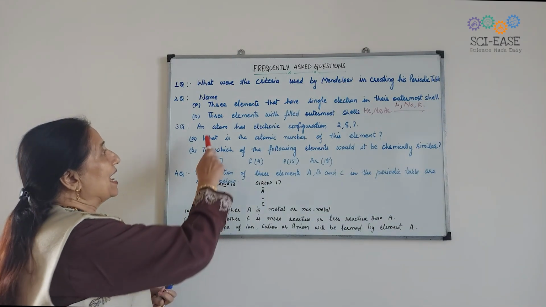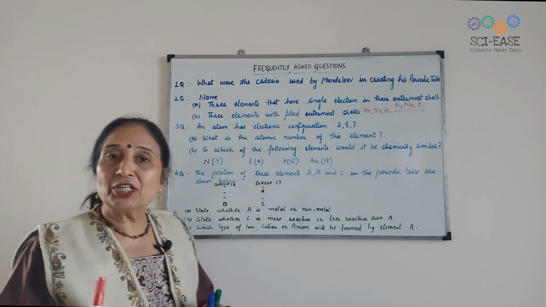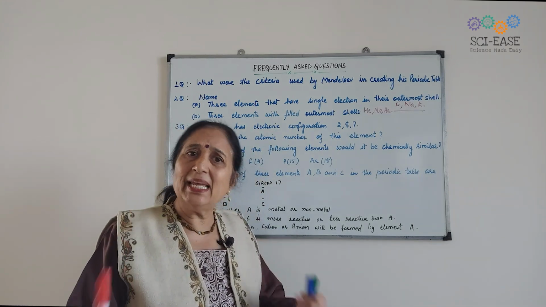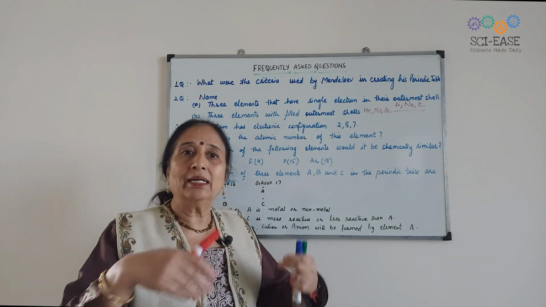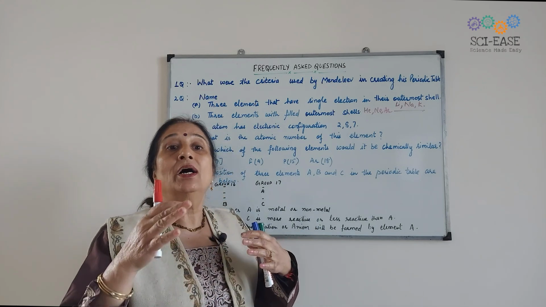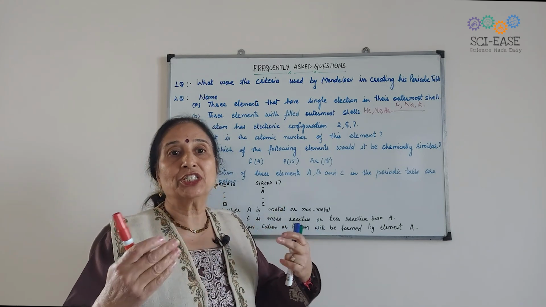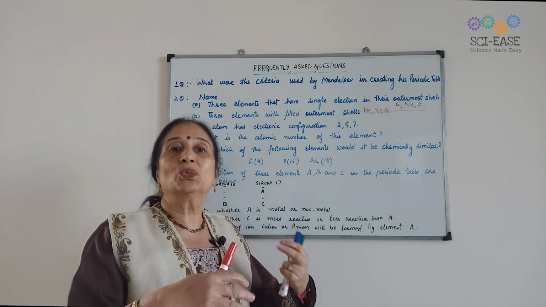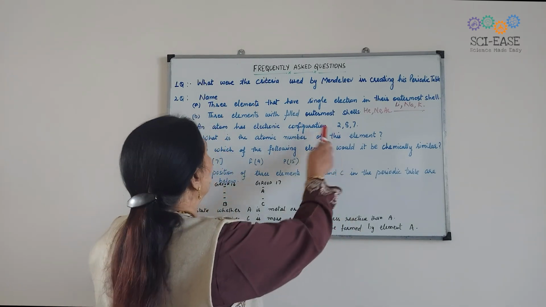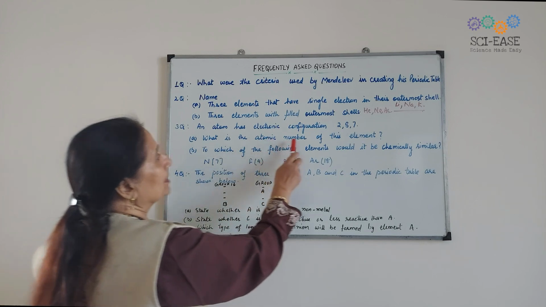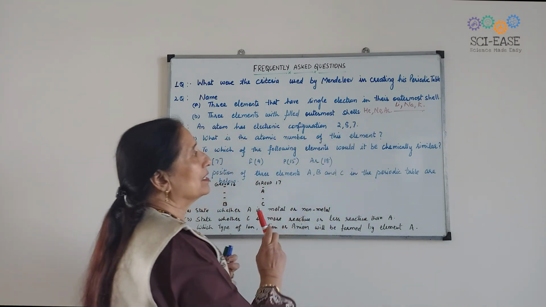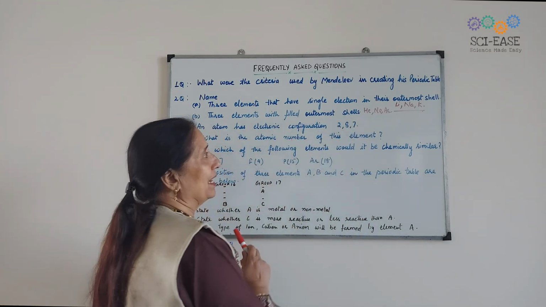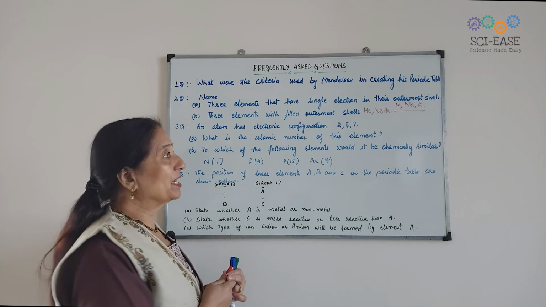Okay. Next question is: an atom has electronic configuration 2, 8, 7. Regarding any element, they can give you that the element is having the electronic configuration 2, 8, 2, okay, or 2, 8, 7. So, what is the atomic number of that element? You are to add them, and that will be the atomic number.